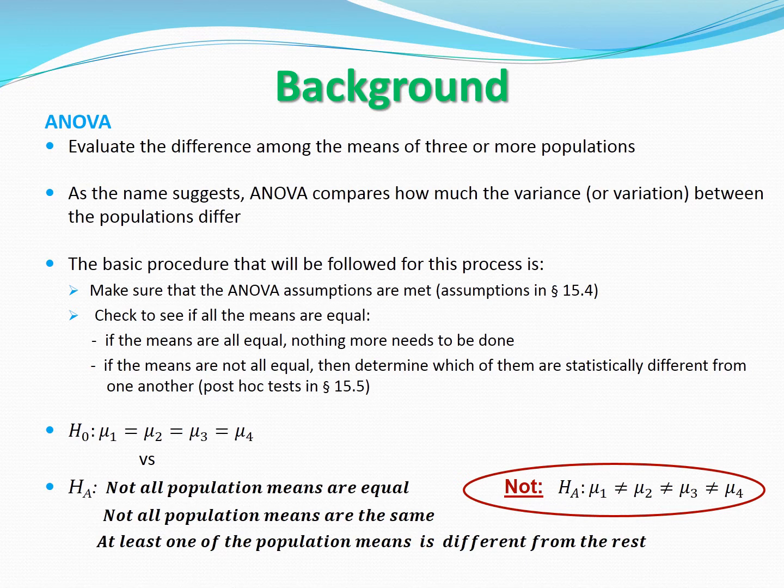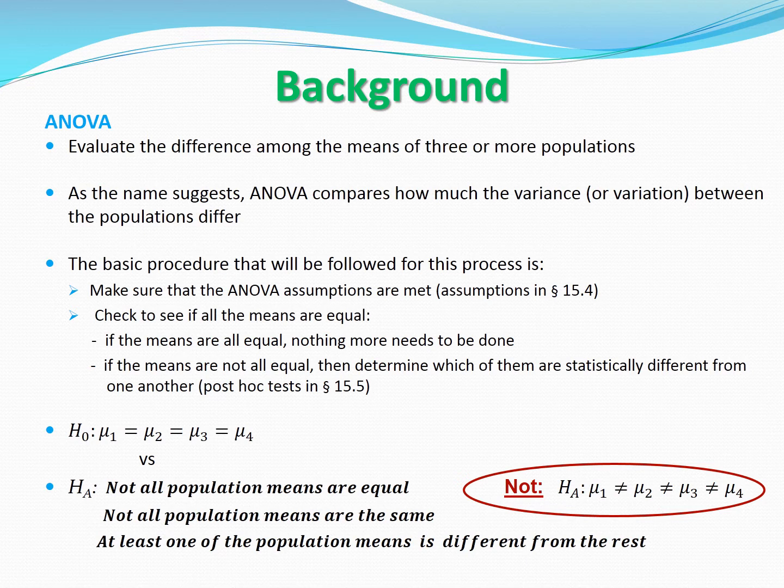Then, if we check the means and they are all equal, then nothing more needs to be done. But if the means are different from each other and they are not all equal to each other, then we need to do further testing to see which means will statistically differ from each other. And these tests we call post-hoc tests, and it will be discussed in section 15.5 in the textbook.